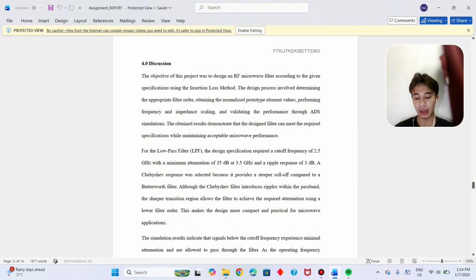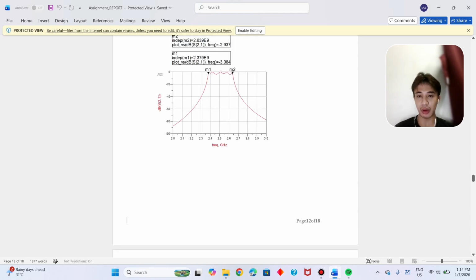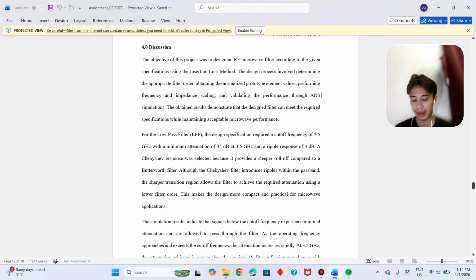At 3.5 GHz, the attenuation was more than 35 dB, which met the design requirement. Finally, ADS optimization helped improve the filter performance by adjusting the transmission line dimensions.